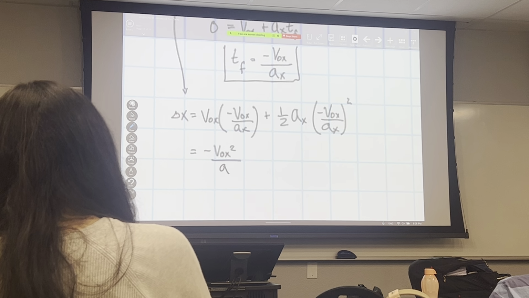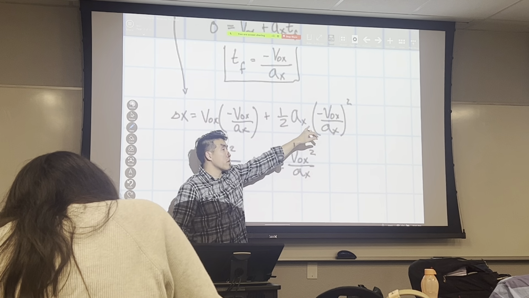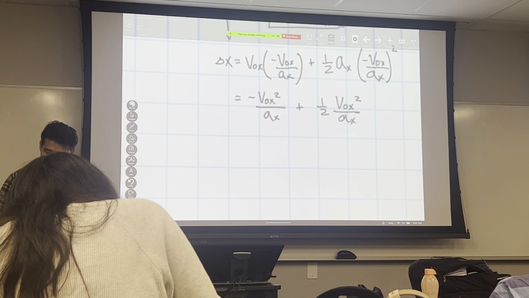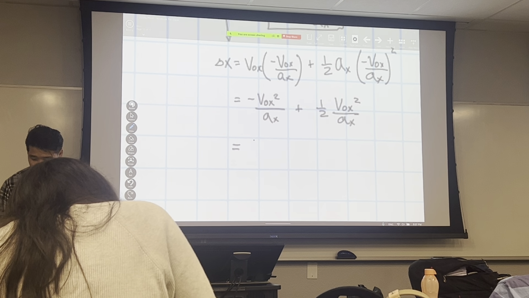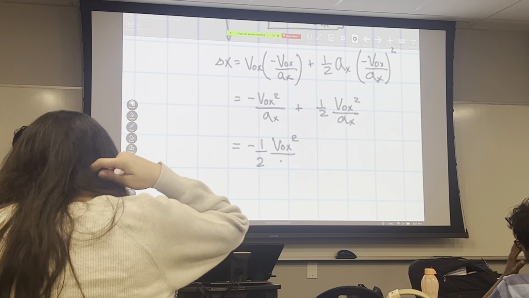Alright, the square distributes to the numerator and the denominator, and we have one acceleration in the numerator, acceleration squared in the denominator. One of those is going to cancel. We're going to get this. And this is going to equal that, and that is the same. So essentially we have negative 1 plus a half, meaning it's negative 1/2 v naught x squared over ax.